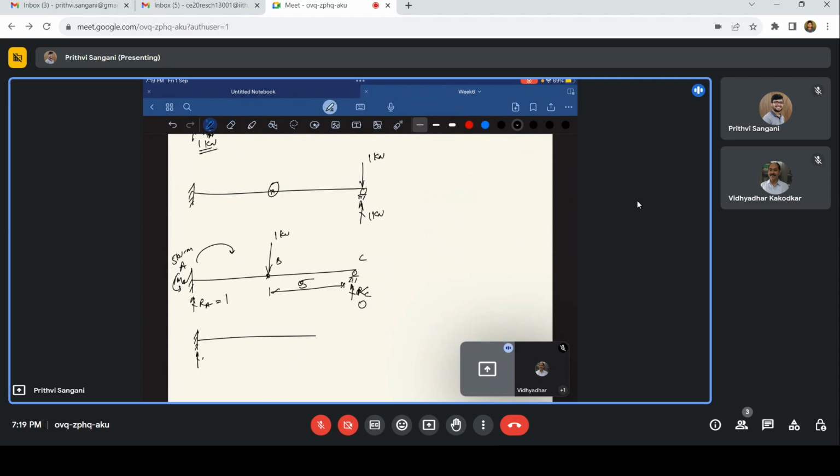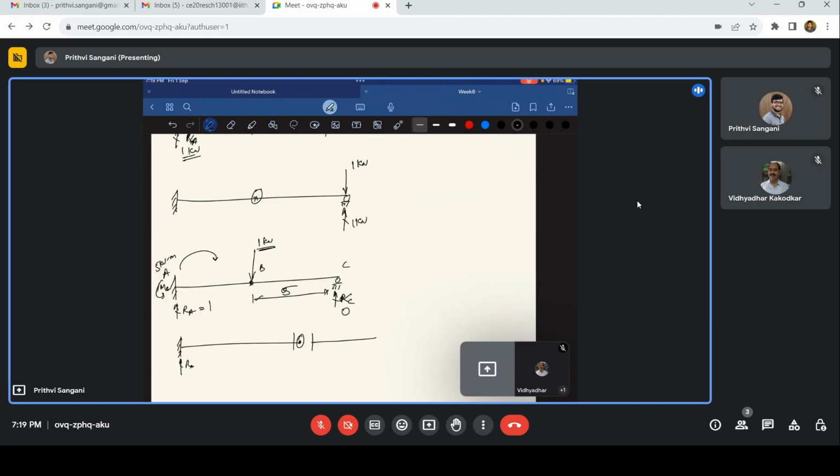This is RA. So when you divide it, just left of it and just right of it, how much is that? Just at this point B, you have it as 1.